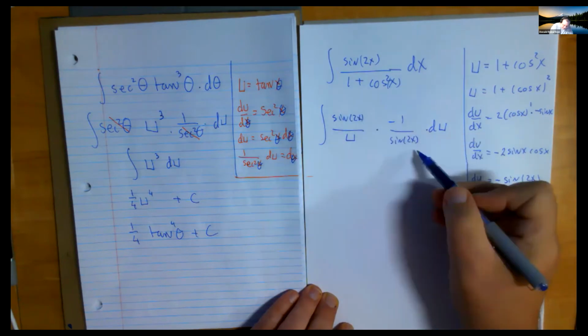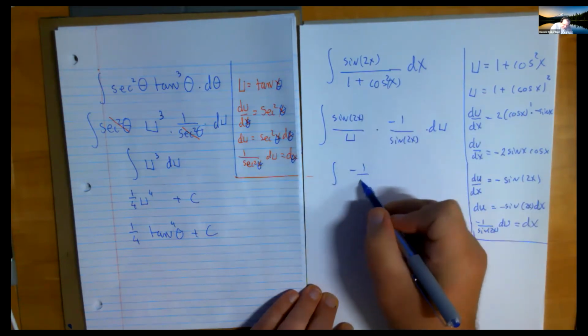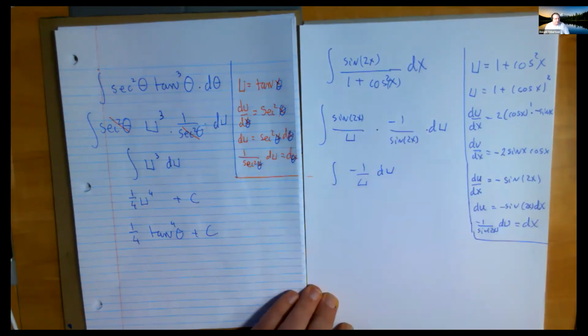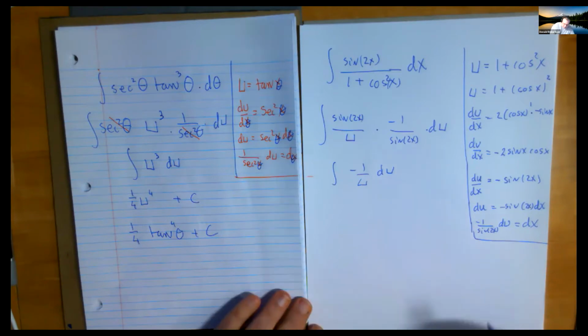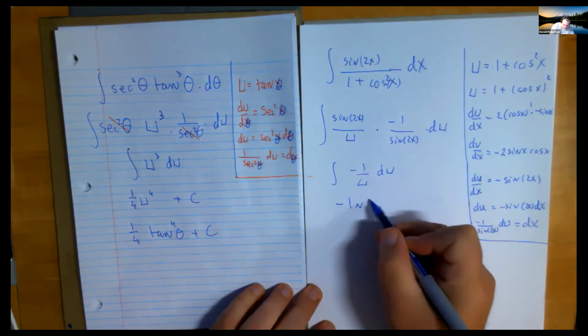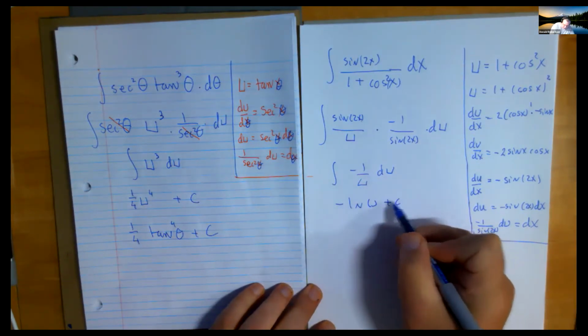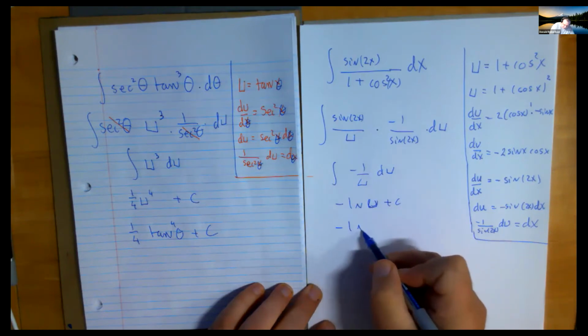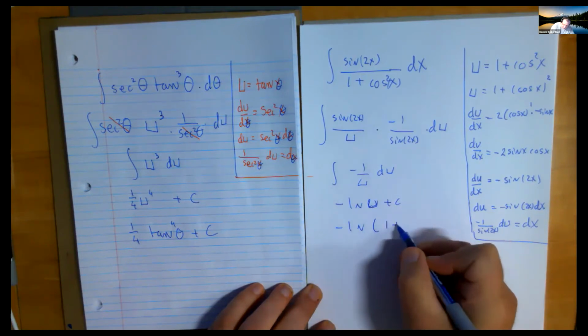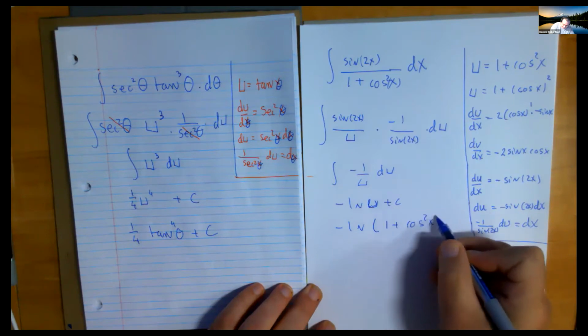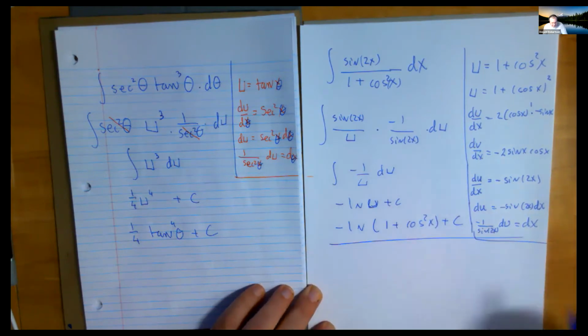The sine 2x cancel, and I get that guy. And isn't that guy a really, really nice standard integral? That would get you negative log u, and that turns into negative log of 1 plus cos squared x, and then you add c, and you are finished.